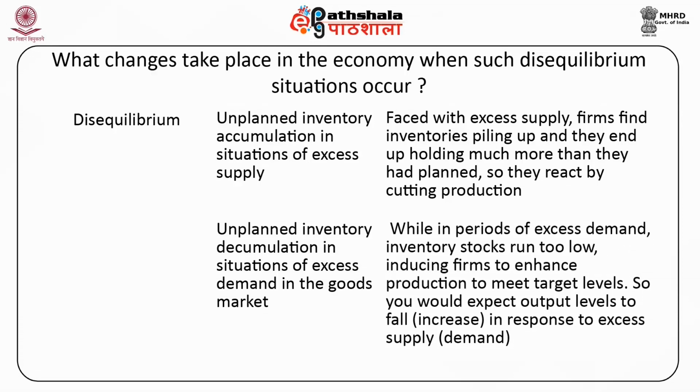While in periods of excess demand, inventory stocks run too low, inducing firms to enhance production to meet target levels. So, you would expect output levels to fall in response to excess supply and increase in response to excess demand.